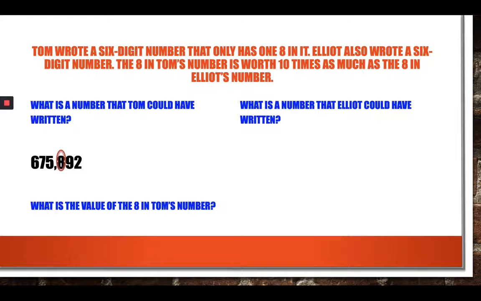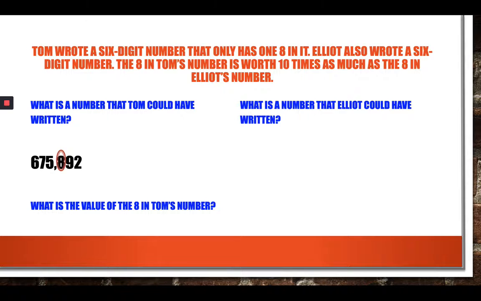So now let's look at Elliot's number. We know that Elliot wrote a 6-digit number, and the value of the 8 in Tom's number is 10 times as much as the 8 in Elliot's number. So we already said that in Tom's number, the 8 was worth 8 hundreds. Elliot's number only has one 8 in it.